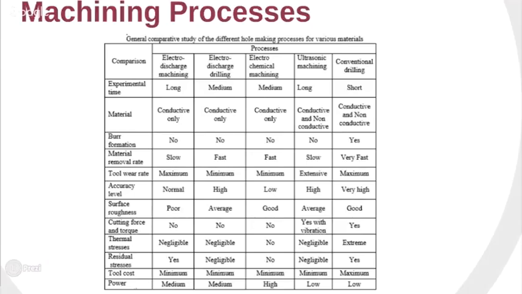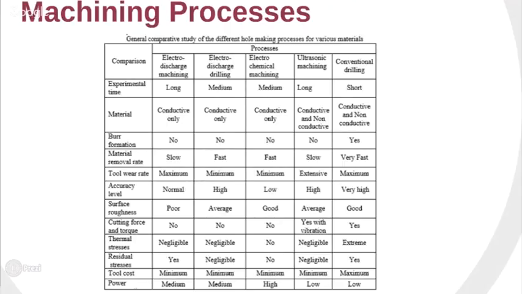Cutting forces, in the case of conventional machining processes, are always very large, because there is a direct contact between the workpiece as well as the tool. Thermal stresses are very large, residual stresses are large. Again, I already said the tool cost is maximum as compared to the non-conventional machining processes. The power consumption is low.